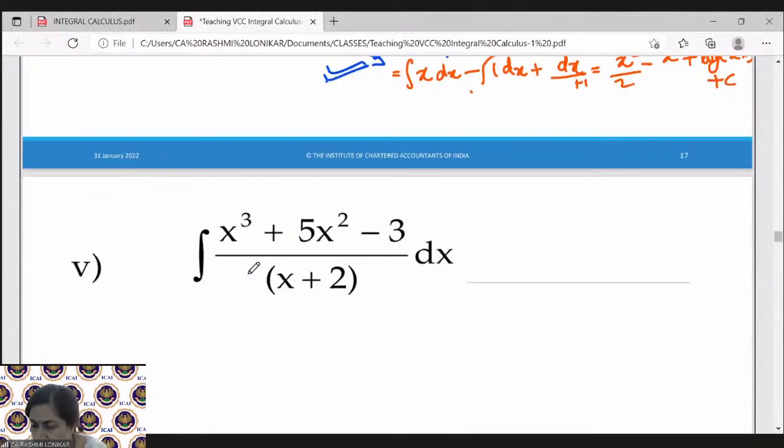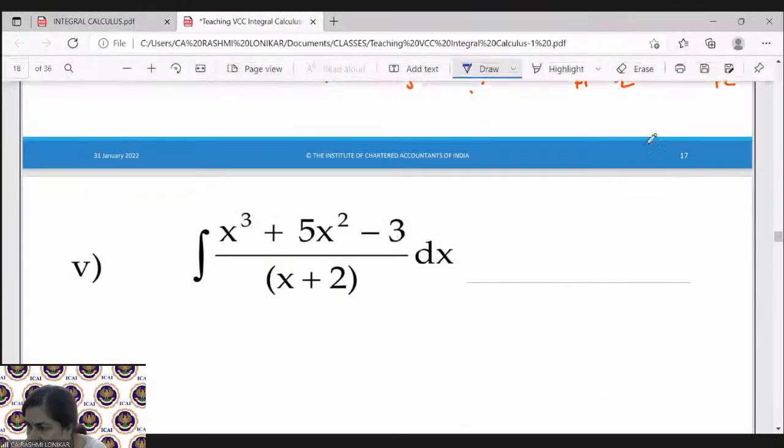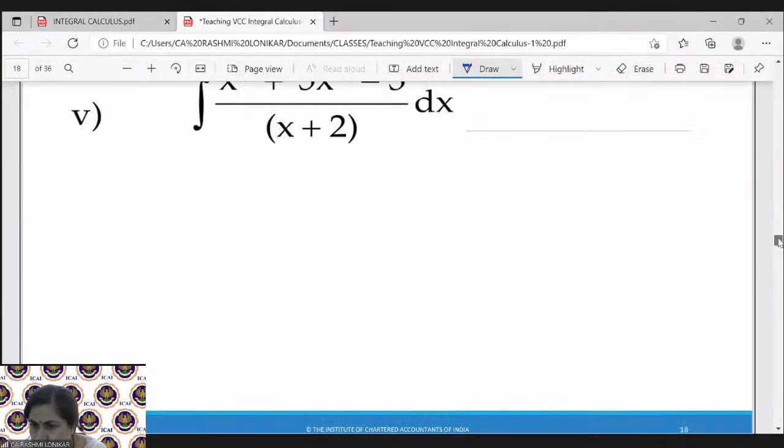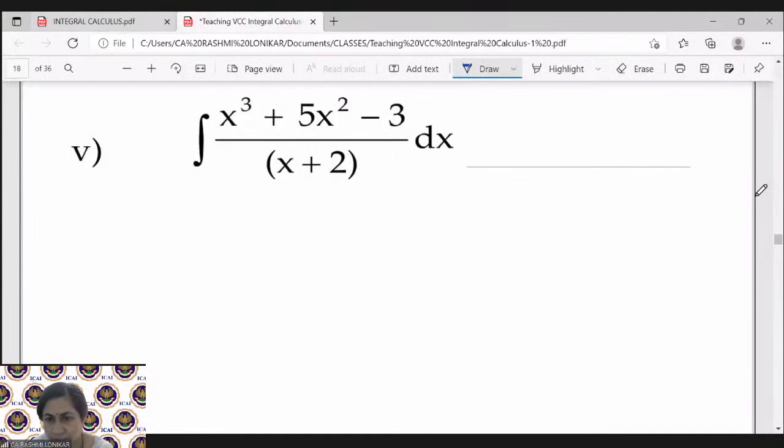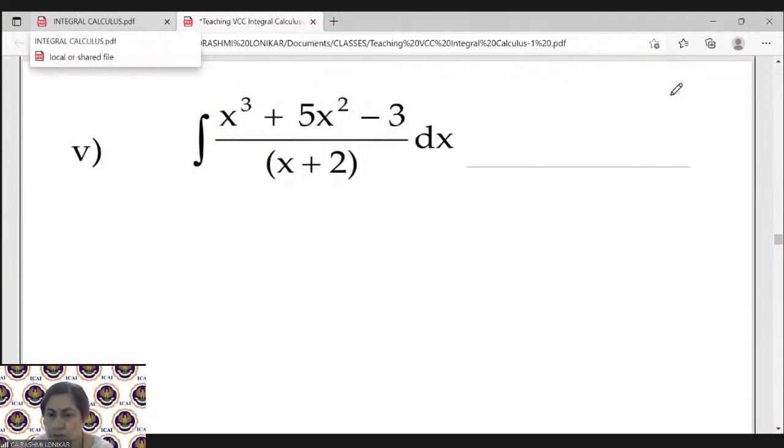So now let us go to the next part. Next sum. Here also we are going to do it the same way. We can actually find the division here, right?